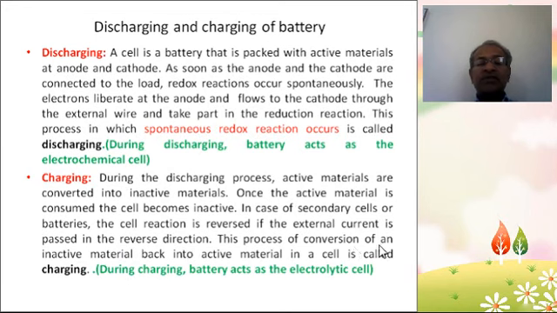This process of conversion of an inactive material back into active material in a cell is called charging. During charging, the battery acts as the electrolytic cell, which means the anode will be the positive and the cathode will be the negative.